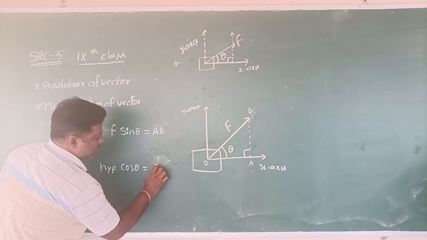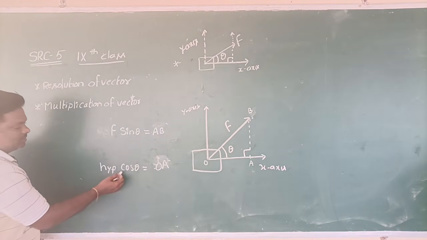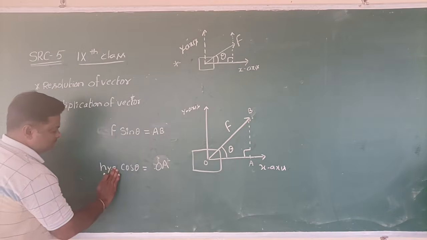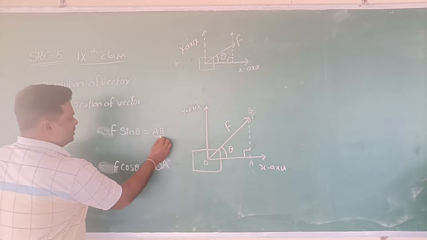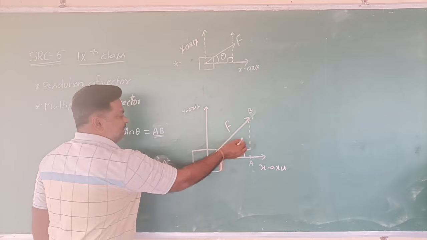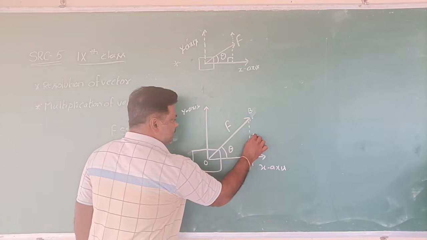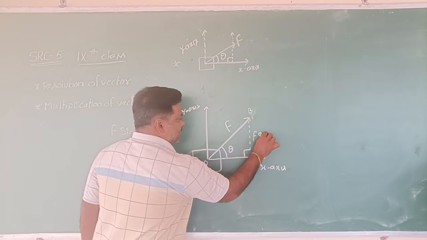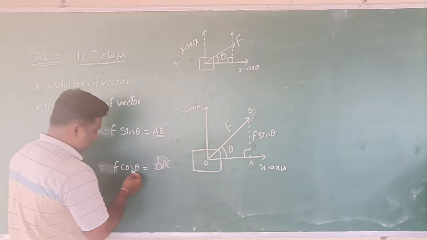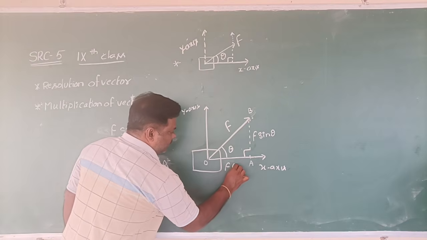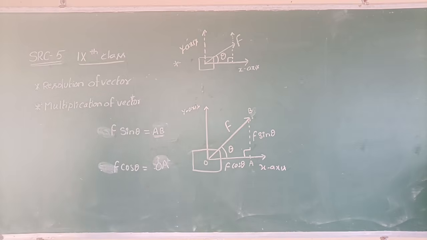OA is equal to hypotenuse into cos theta. What is the hypotenuse? Force. So there is a small substitution. AB is the opposite side to theta, so instead of writing AB, we write F sin theta. Instead of writing OA, we write F cos theta. Right? F sin theta and F cos theta.